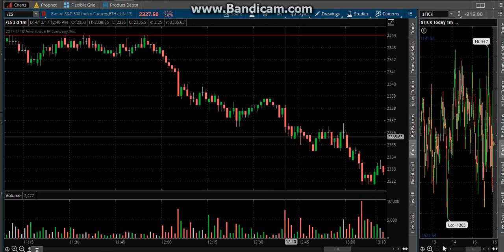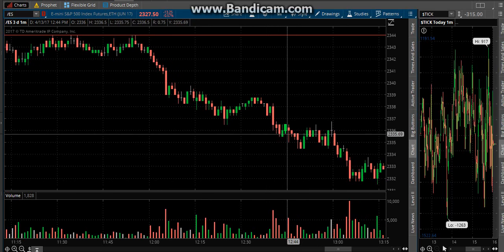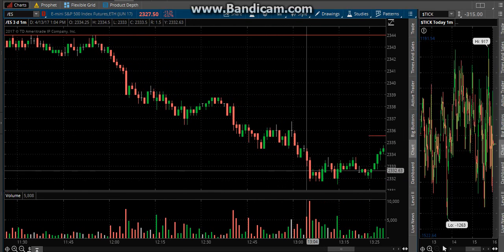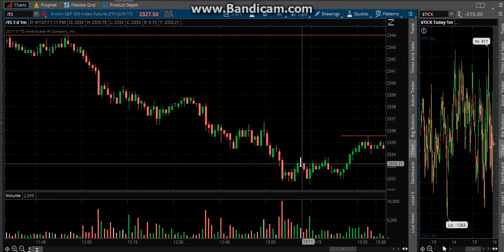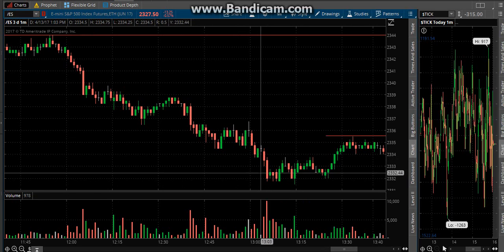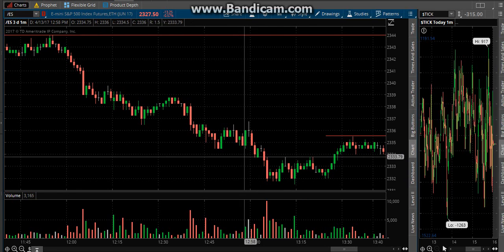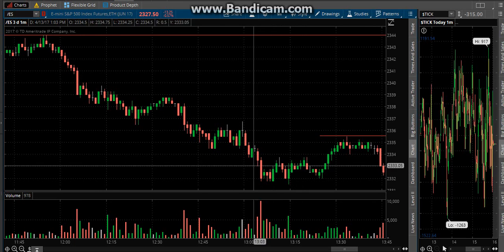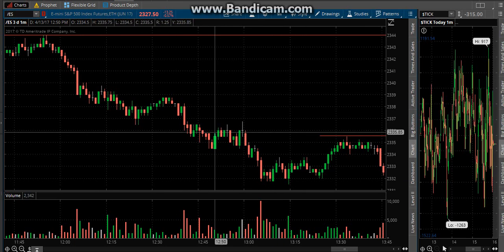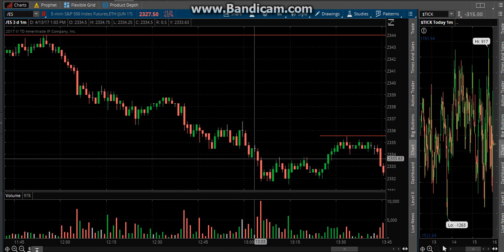So here, 1, 2, 3. I would scale it down 7 ticks, 7 ticks, 7. If it doesn't pull back 7 ticks, I just let this thing ride. And look, right here, it pulled back about 7 ticks in these areas, and I stopped myself out, right? See, I took myself out of the trade and I let the market tell me what to do.